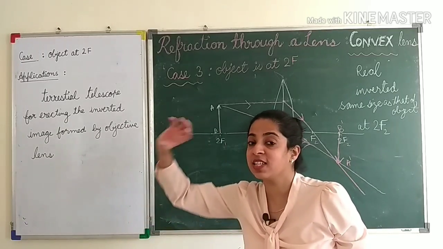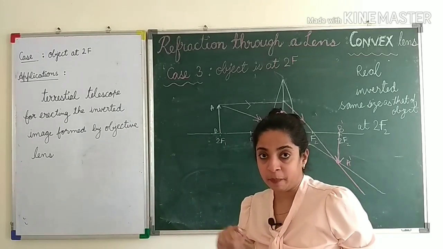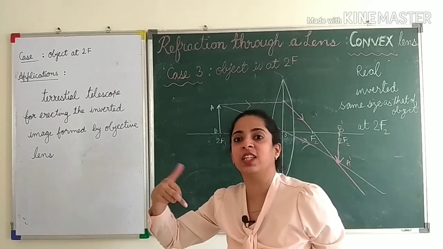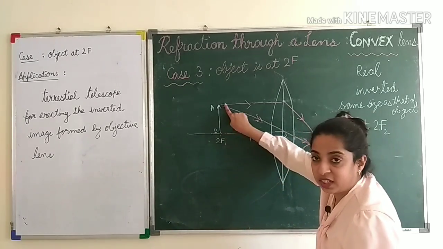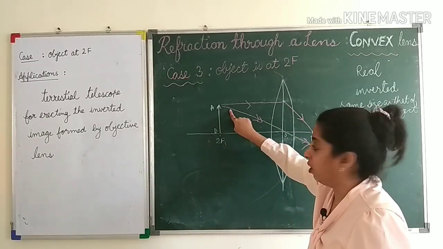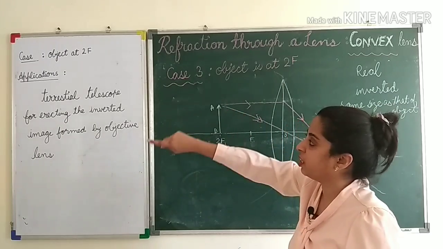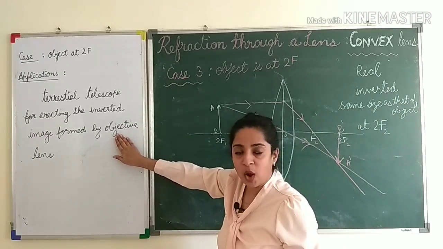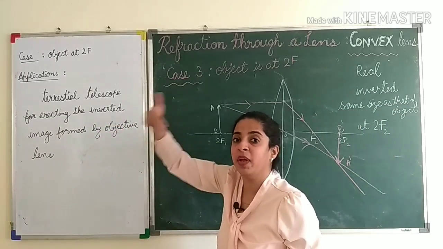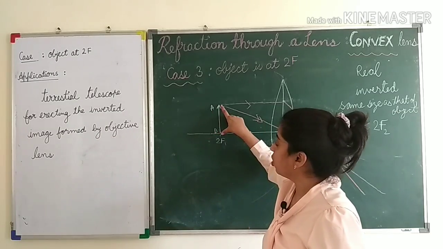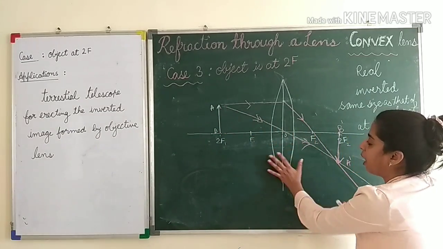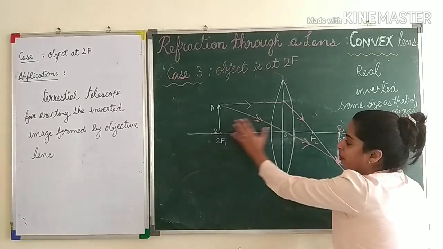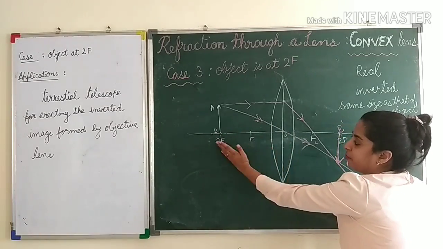तो objective lens ने एक उल्टी image बनाई है. अब उस image को आपको सीधा करके देखना है और उसी size का देखना है. तो आप ये object कहाँ रखेंगे? You will, this is not the object. The object will be in front of objective lens, which it will form an inverted and small image. So that image is here. And you will keep your eyepiece lens at such a place that it is at 2F position.